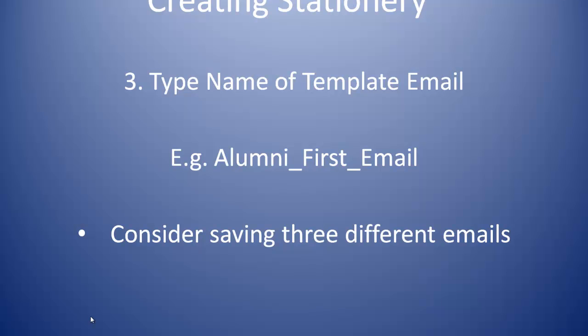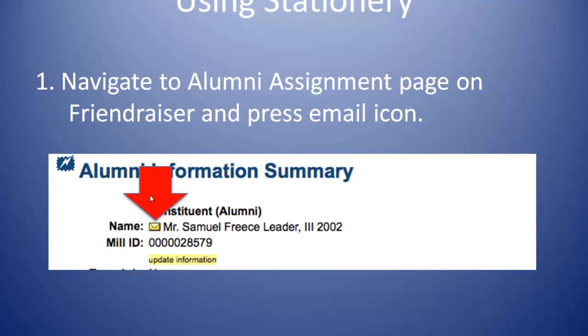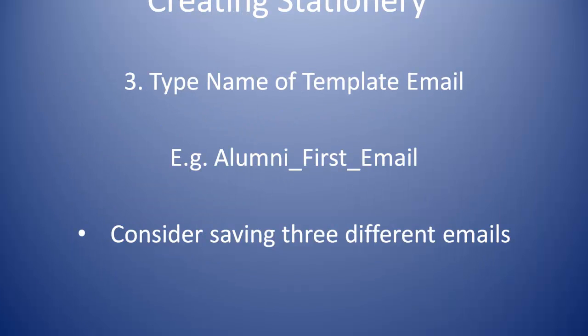So I like to save my introductory email as alumni intro email, and then the second email that I send to alumni that I don't hear a response from, I save as alum second email, and obviously the third email that's a little bit briefer is alumni third email. And so I recommend that you save at least 3 different Stationery. So I recommend that you save at least 3 different emails, if not a 4th. I have a thank you email that I can at least get the beginning part, which is typically the same, and then I edit the second half.